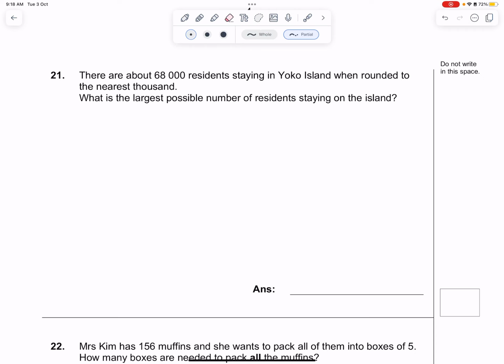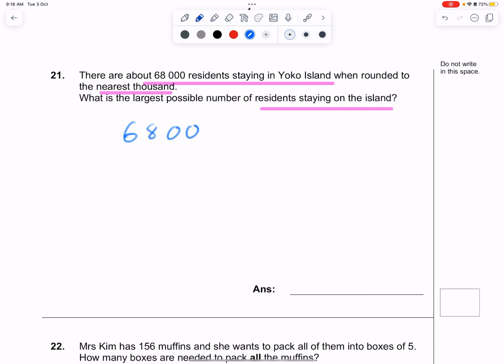Next, there are about 68,000 residents staying in Yoko Island. When rounded off to the nearest thousand, what is the largest possible number of residents staying on the island? So 68000. Okay?